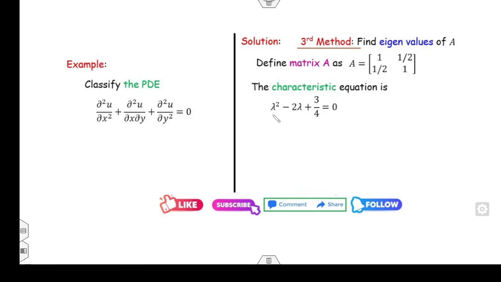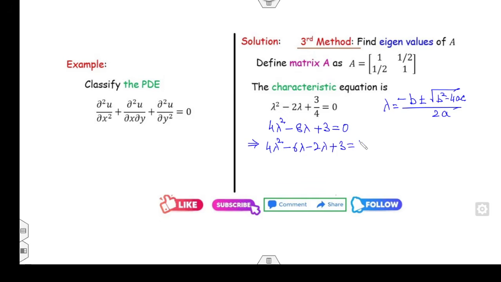How can you factorize it? Otherwise, you can use the formula minus b plus minus root of b square minus 4ac. But here factors will be possible, 12 and 8, 4 and 6, 6 and 2. If you write the factors, you will get 2 lambda minus 3 and 2 lambda minus 1 is 0. So your eigenvalues are half and 3 by 2.